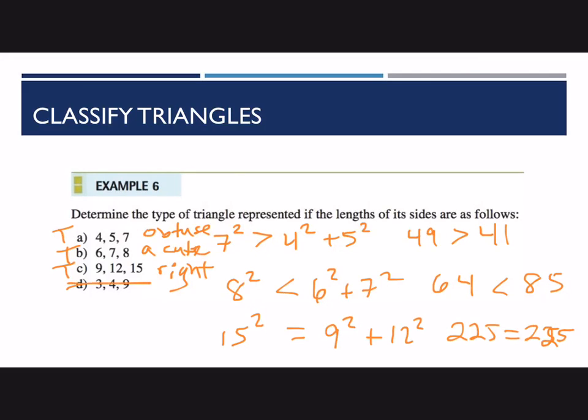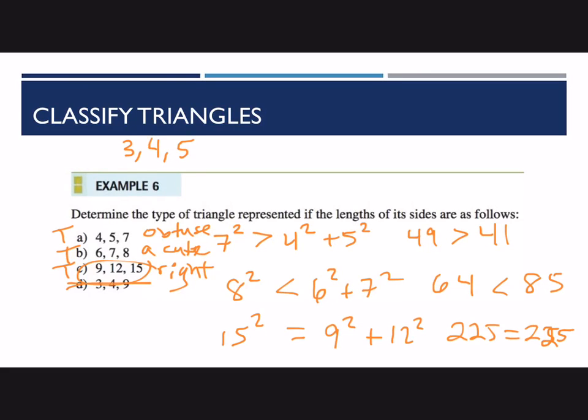All right. The textbook also has a chart that gives you some of the common Pythagorean triples, or in other words, sets of numbers like this that form a right triangle. Some of these you can recognize easily by memorizing some of the more common ones. One of the more common triples is 3, 4, 5, right?